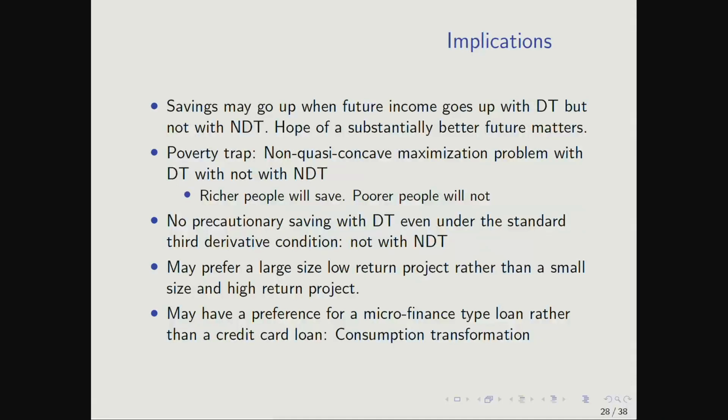The first one is that the precautionary saving argument might not take place. For someone who is very poor, if they're thinking they're also going to be very poor in the future, most of their saving is going to be eaten by themselves in the form of Z that they don't want. So the consumption tax is going to be high.